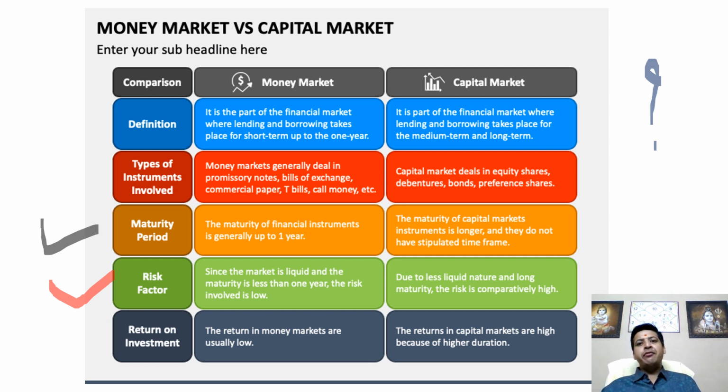But when we talk about capital market, if you can see here also there is a dollar symbol, and you will see an upward and downward trend symbol. In a capital market, due to less liquid nature and long maturity, the risk is comparatively high. As we all know, risk is comparatively high because you never know what will happen in future.